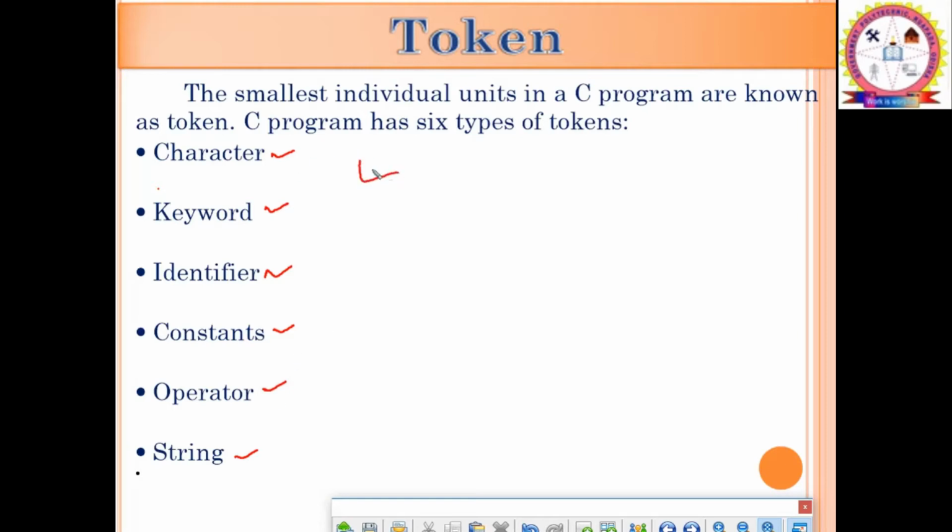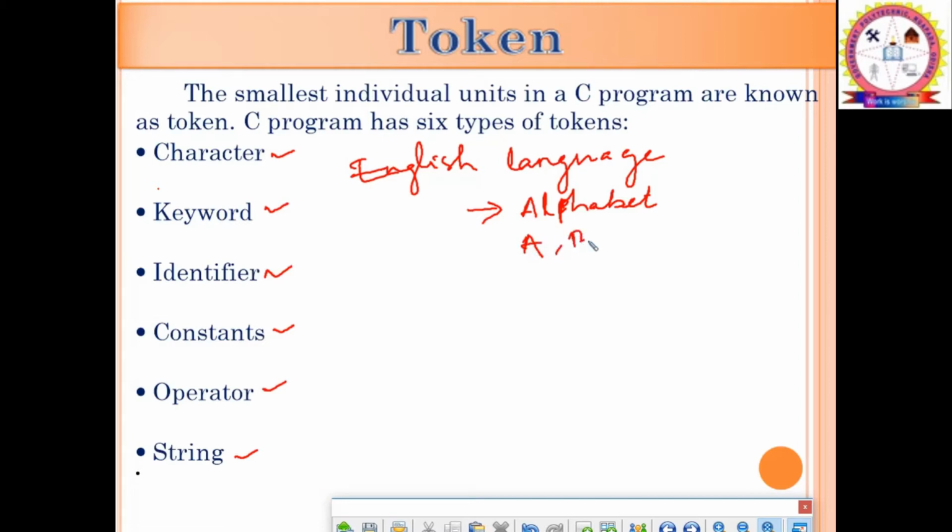In the English language, the smallest individual units are the alphabets, like A, B, C, D, A to Z, and the small letters a, b, c up to z. So these are the smallest individual units of the English language.